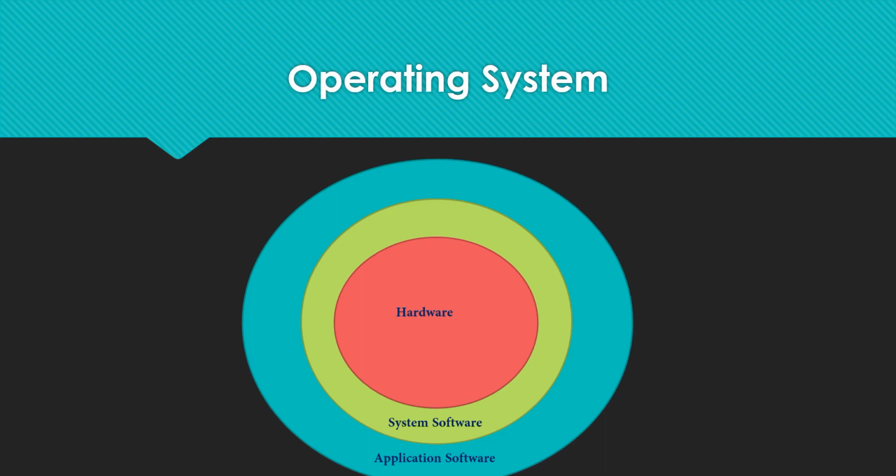When the user needs to use the printer or the mouse, the operating system communicates with that hardware device. That's why we call the operating system a supervisor, so that the user can communicate with the software, which in turn communicates with the hardware.